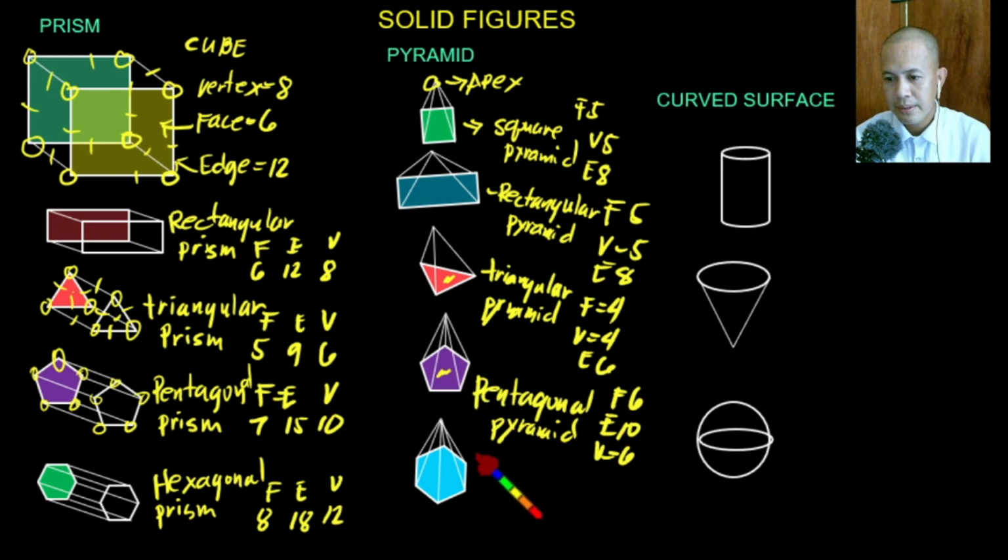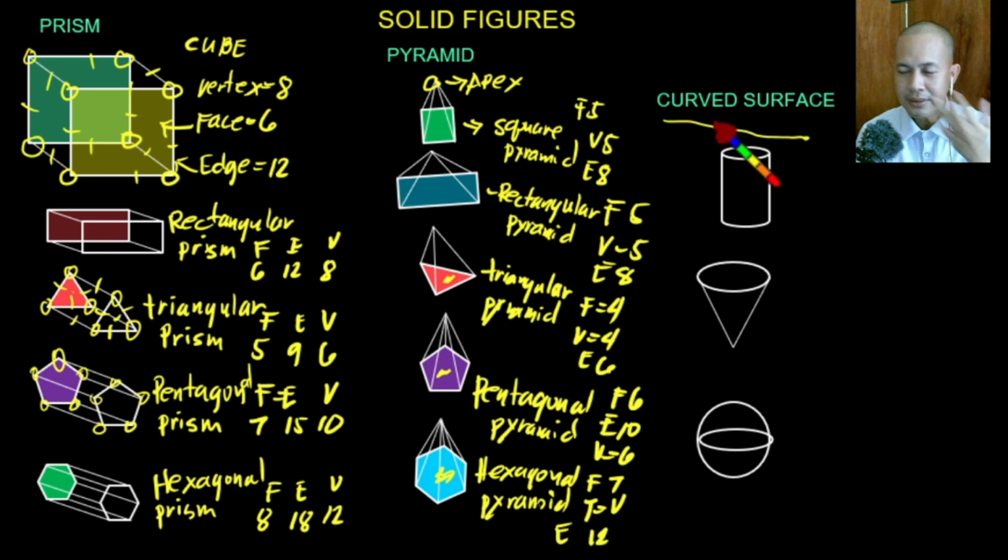And the last pyramid for this part, we have the hexagonal pyramid. So it is called hexagonal pyramid again because it has a hexagon base. So we have 7 faces, we have 7 vertices, and we have 12 edges.